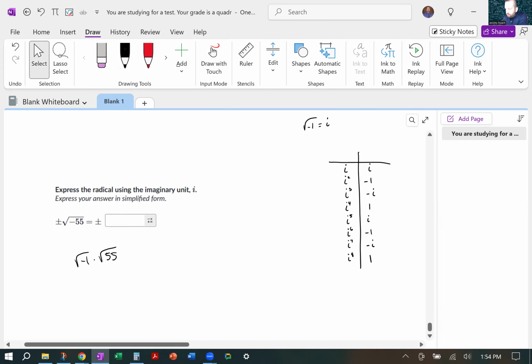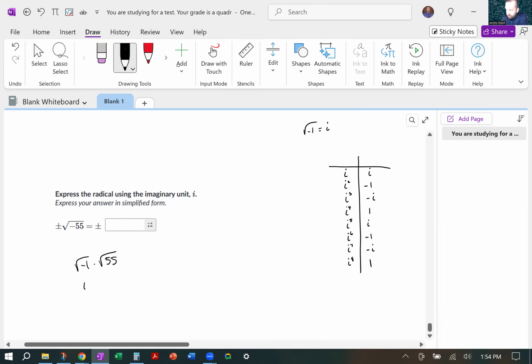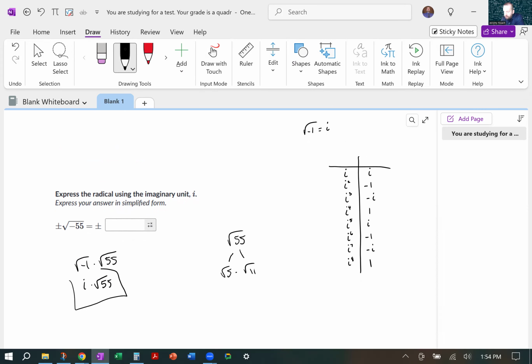And square root of negative 1 is i. So we do i times square root of 55. Now let's see if we can break down square root of 55 at all. That's square root of 5 times square root of 11. And those are both prime numbers. So this is just going to be our final answer for that one. Okay, this is i square root of 55.